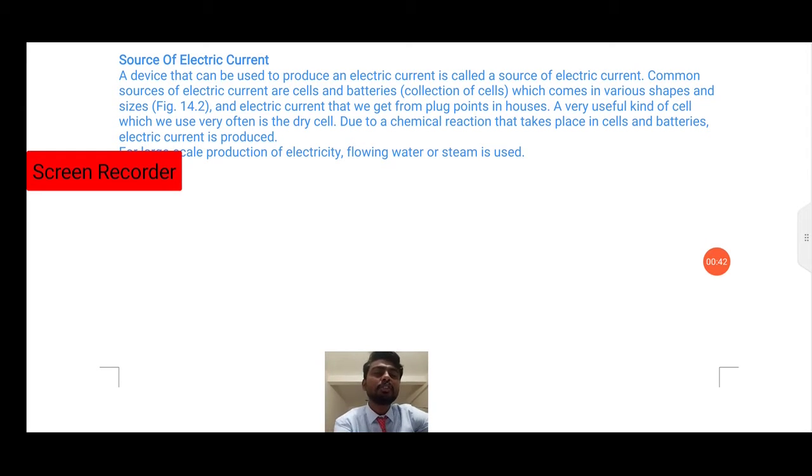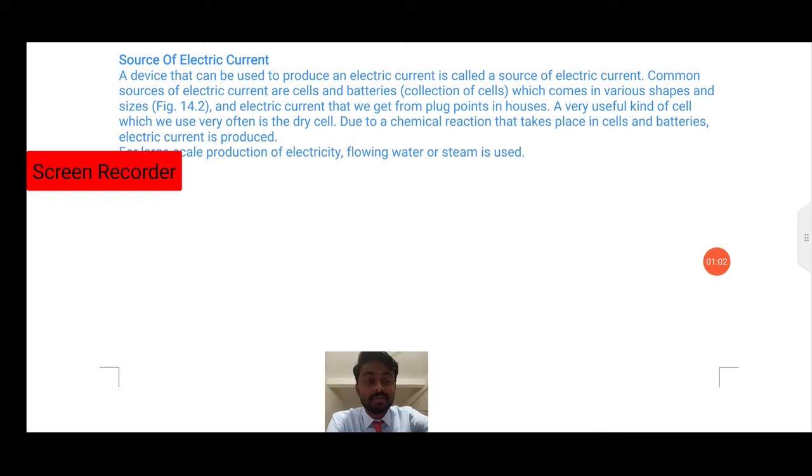So what do you mean by source of electric current? A device that can be used to produce an electric current is called a source of electric current.